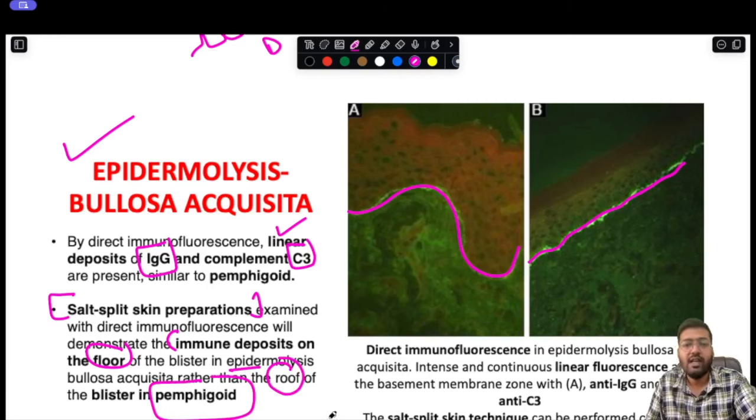So when you carry out the salt split technique, immune deposits are present at the floor in epidermolysis bullosa acquisita, whereas they are in the roof in bullous pemphigoid. So this is how you are differentiating, okay, between conditions showing a linear pattern of deposition at the dermoepidermal junction by the salt split technique. The same thing is written over here, so we are not repeating it.